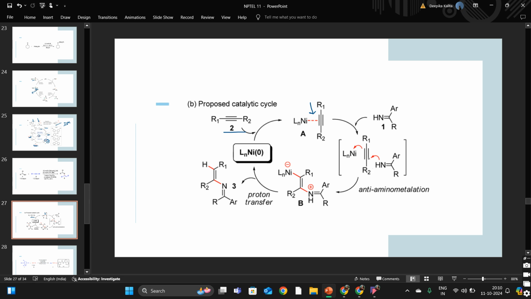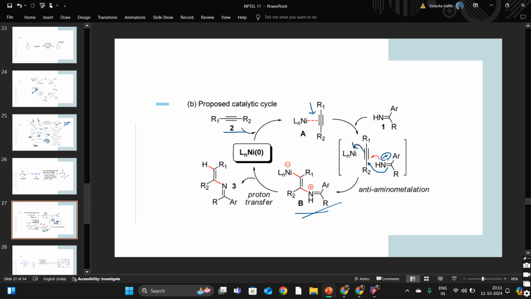As a result, since this imine is donating electron pairs, the imine will get a positive charge, and this carbon-nickel bond formation can be shown. So this intermediate B will form by anti-aminometallation.